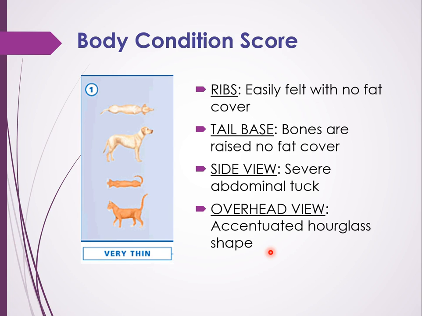Body condition score, as I say, you can actually see from far, like the diagram here. So if you can see the severe abdominal tuck, and you can see an hourglass shape from aerial view, it means that the score is 1.